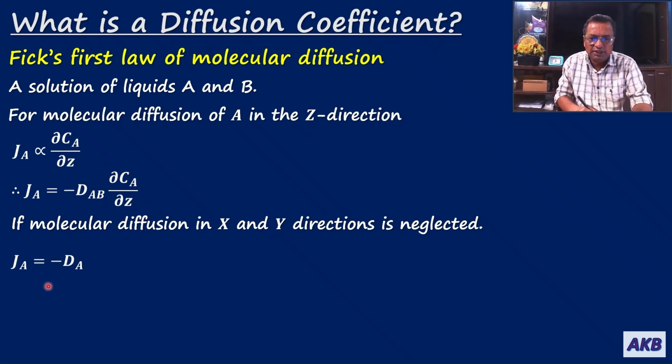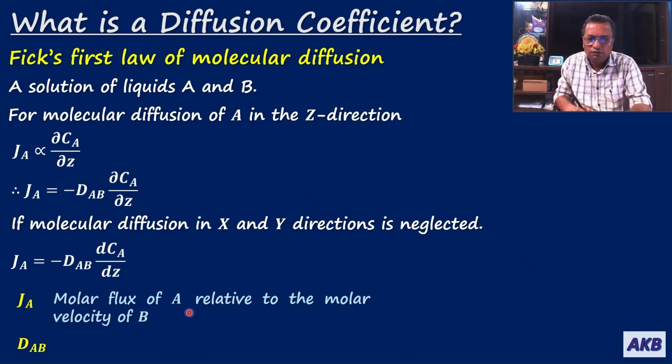So it will be Ja is equal to minus DAB dCa by dZ. So in this equation, Ja is the molar flux of liquid A relative to the molar velocity of liquid B. Again, I have discussed this in detail in my video on Fick's first law of molecular diffusion.